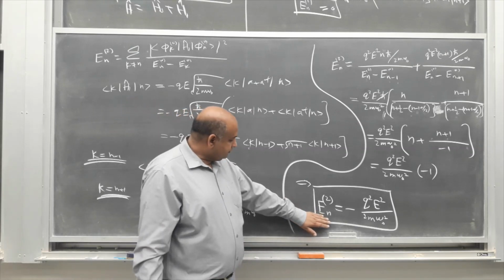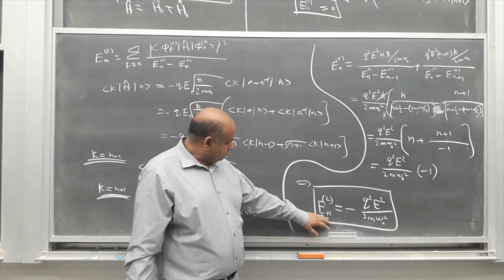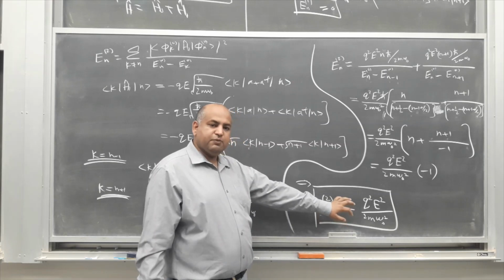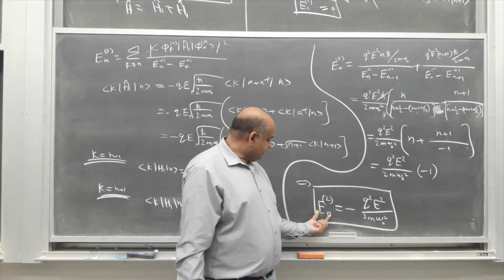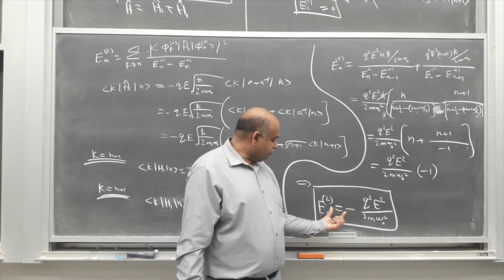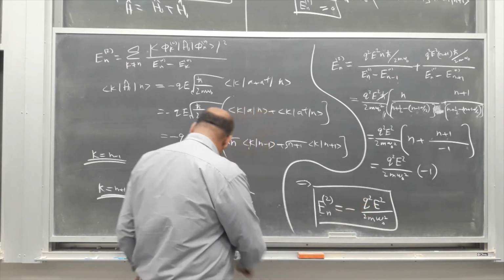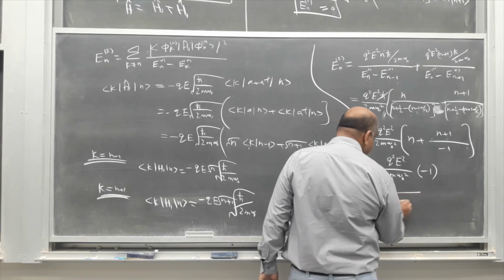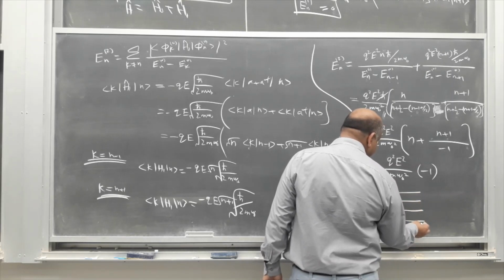So the energies of the one-dimensional quantum harmonic oscillator are shifted downward by this amount when the oscillator is placed in the electric field. You see the shift in energy is proportional to the electric field squared. Symbolically, these are different states.